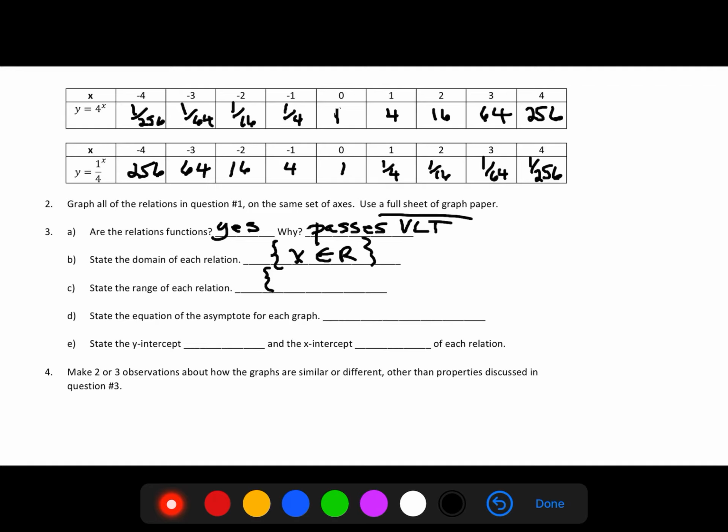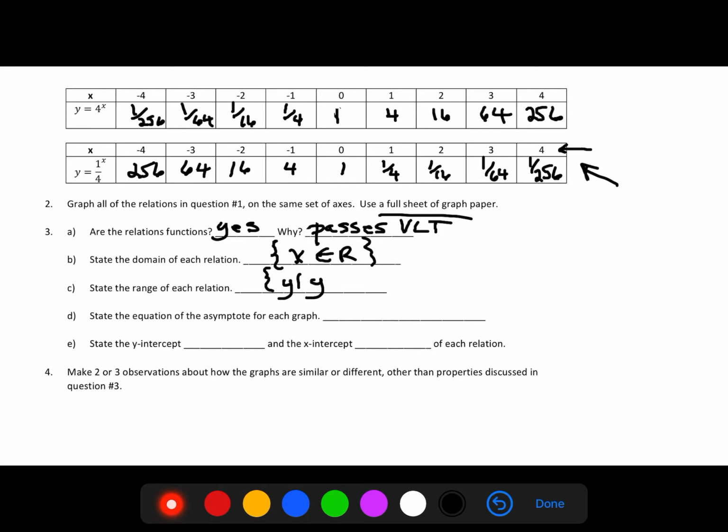Now, our range though, notice that I mentioned that we don't have any negative y values. We actually cannot even get to 0. If you look at your fractions in our table above, the bigger our x value gets, the smaller the number gets, but it's just going to be a bigger and bigger number on the bottom of our fraction.